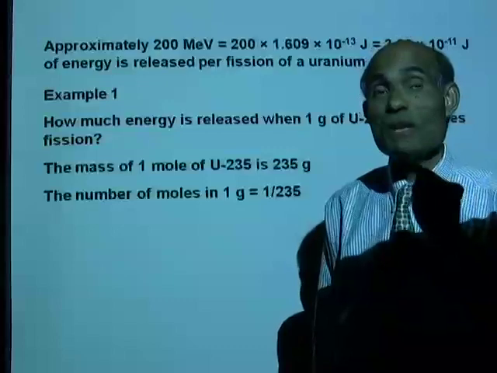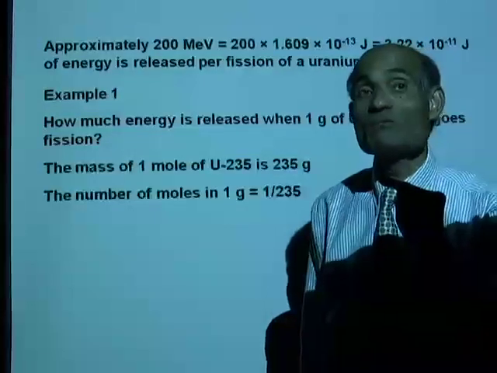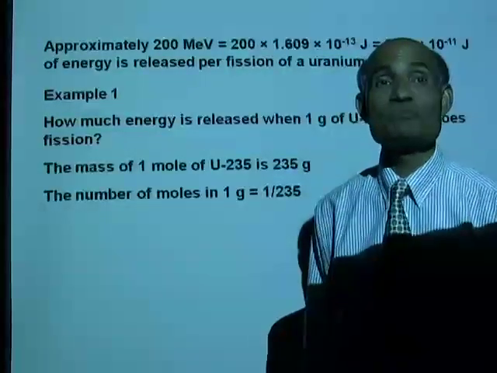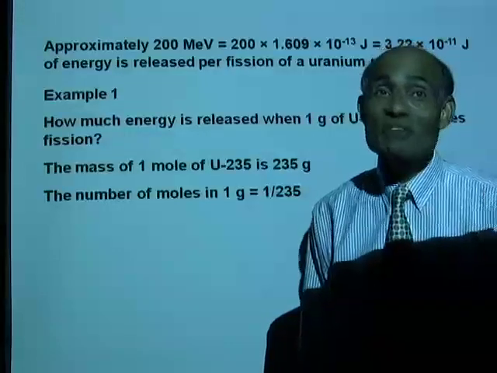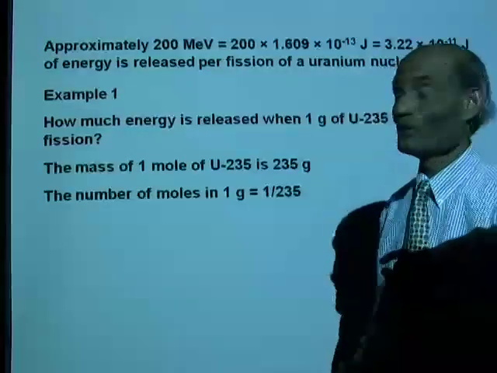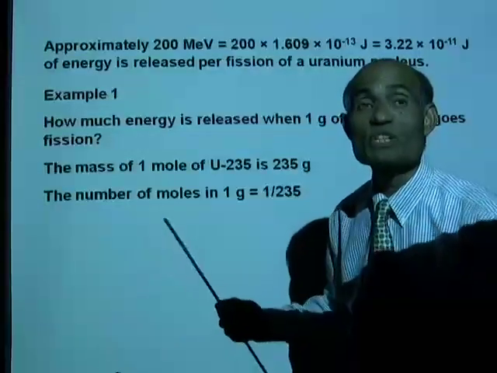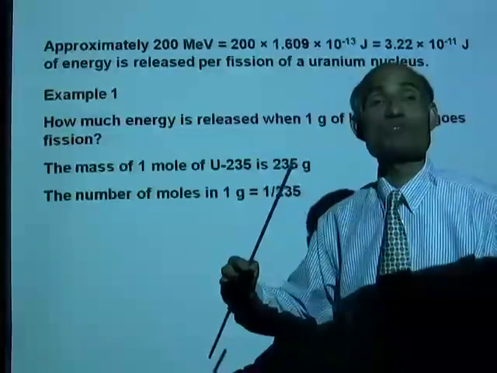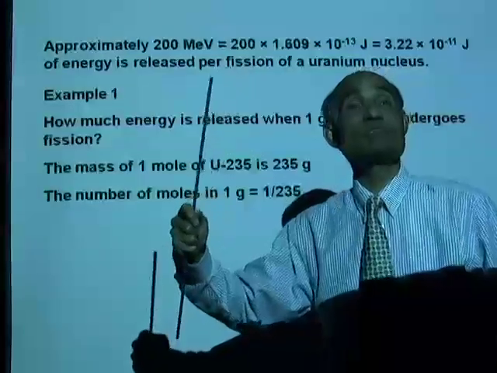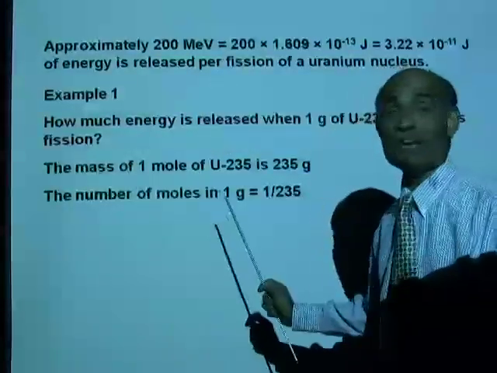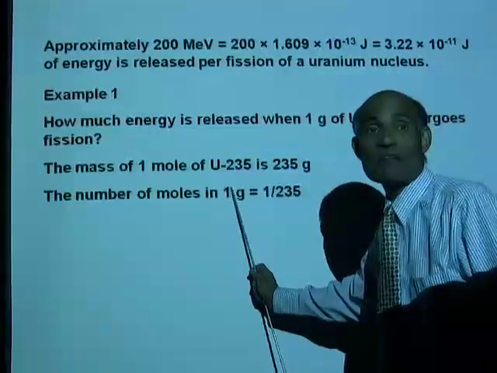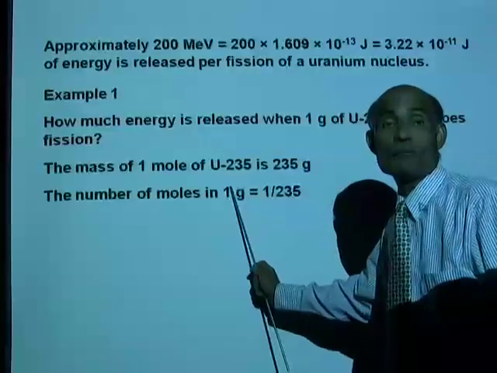Now, how many atoms are there in 1 mole of uranium-235? That's the Avogadro number. So 1 mole of uranium-235 contains 6.02 times 10 to the 23 atoms. Therefore, how many atoms are there in 1 gram?